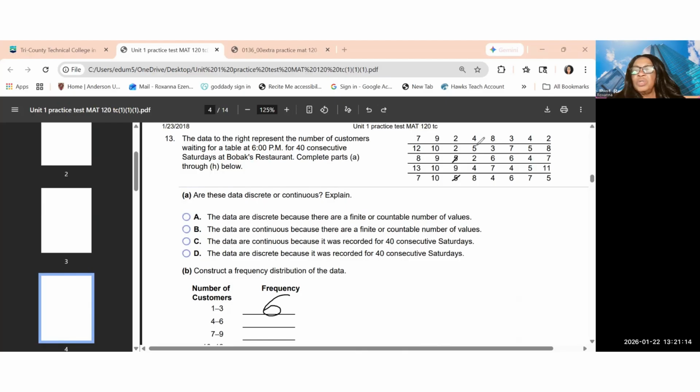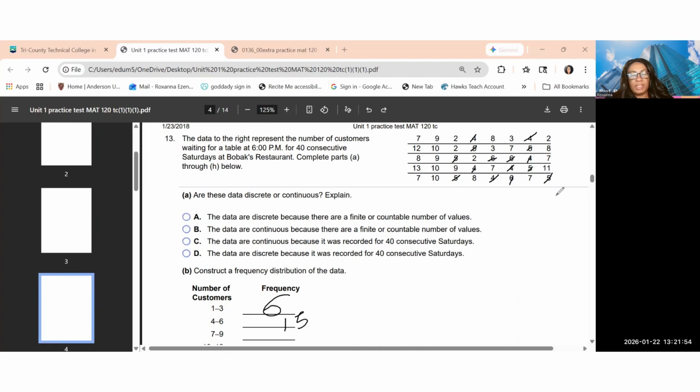So 1, 2, 3, 4, 5, 6, 7, 8, 9, 10, 11, 12, 13, 14, 15. So there are 15 of them from 4 to 6.